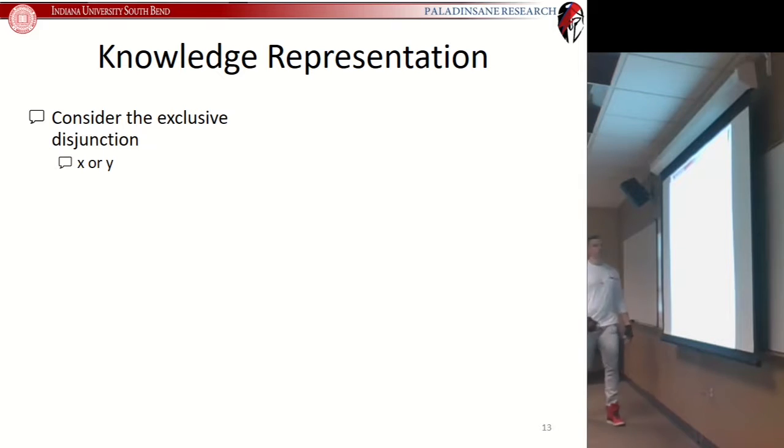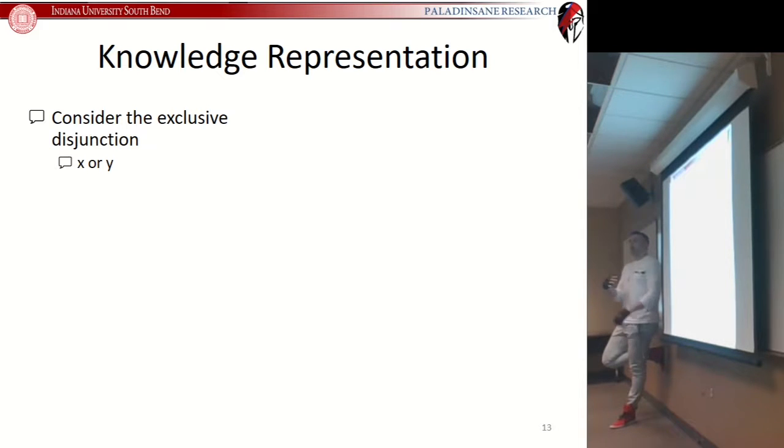operate with the exclusive disjunction, because if somebody tells you that, let's say we just finished advising season, let's say that you met up with your advisor and they said next semester you can take neuropsychology, or you can take introduction to learning.